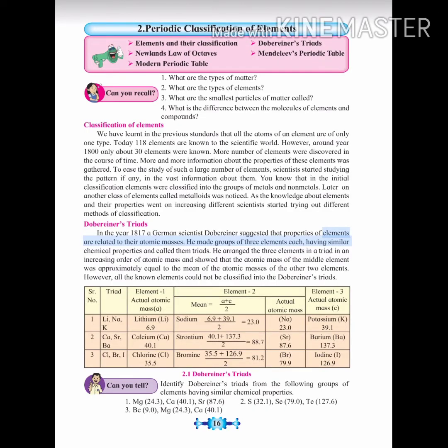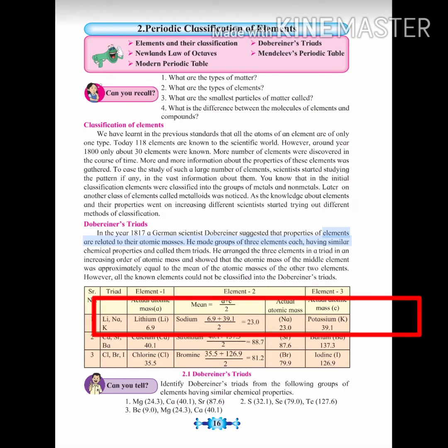Starting with the first classification, which was put forth by the German scientist Dobereiner, he classified three elements in one group, and he named that group a triad. In one triad there were three elements, and he considered those elements to have the same physical and chemical properties. He arranged the three elements in increasing order of their atomic masses.